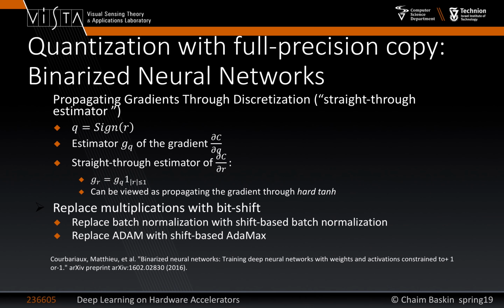They replace multiplication with bit shifts, replace batch normalization with shift-based batch normalization, and replace the Adam optimizer with a shift-based optimizer for doing discrete optimization.